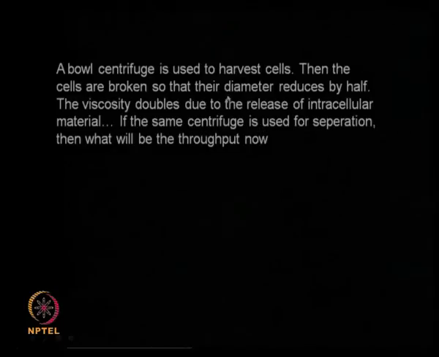Initially I have the centrifuge where the particles are of a certain diameter d and the viscosity is a certain viscosity mu. Now the diameter has become d by 2, and the viscosity has become 2 mu. So what will be the throughput? You have to recall your Stokes law to calculate it.